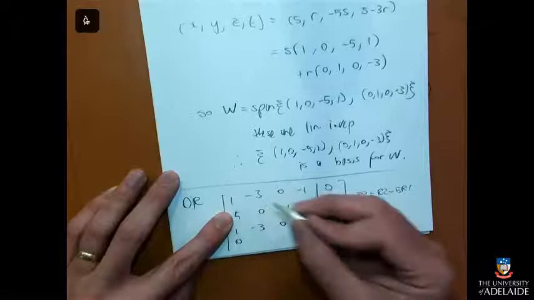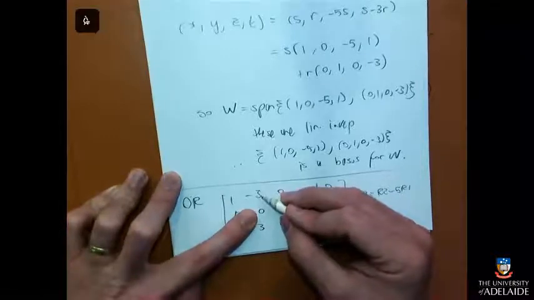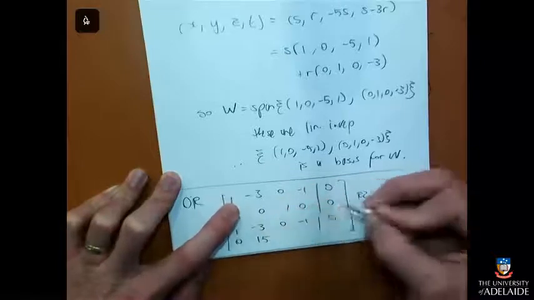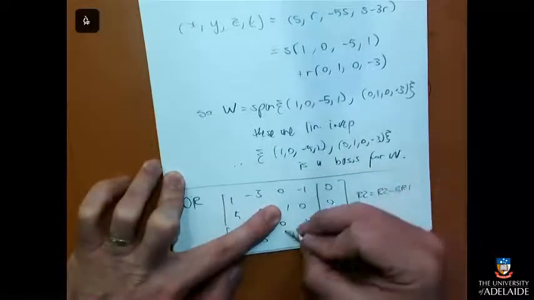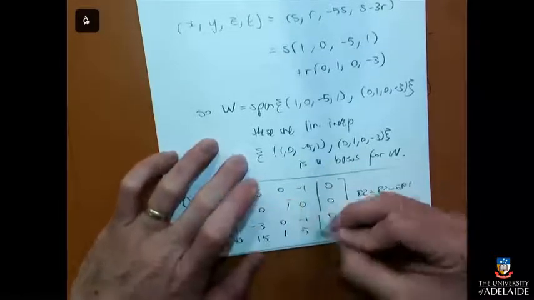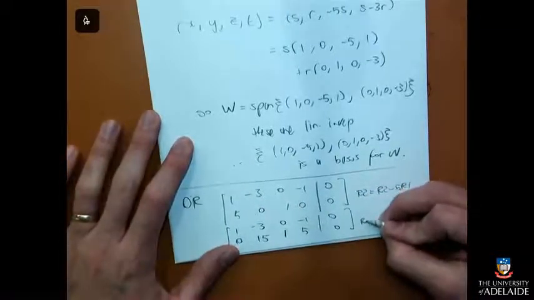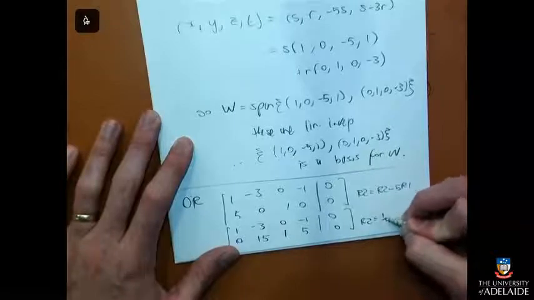So this minus 5 of that, 0 minus 5 times minus 3 would be 0 plus 15. This minus 5 of that is 1, like that. And then I could do row 2 is a 15th of row 2.